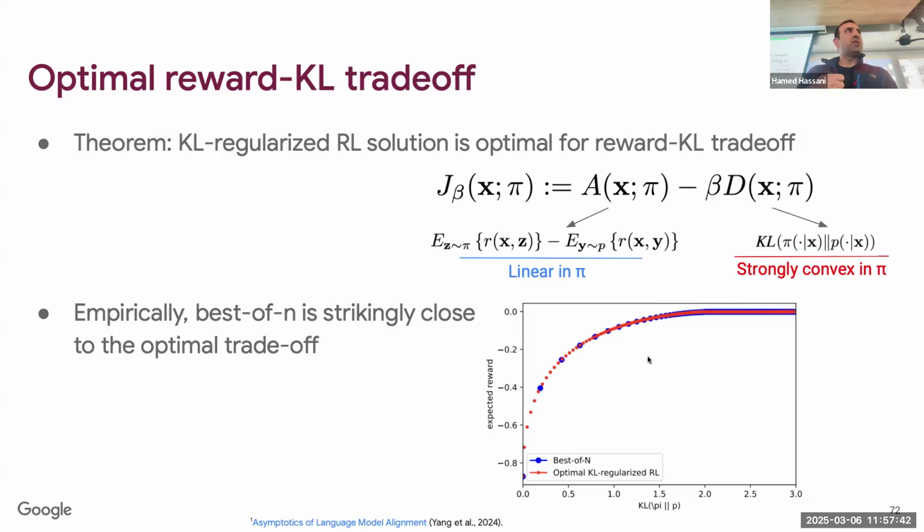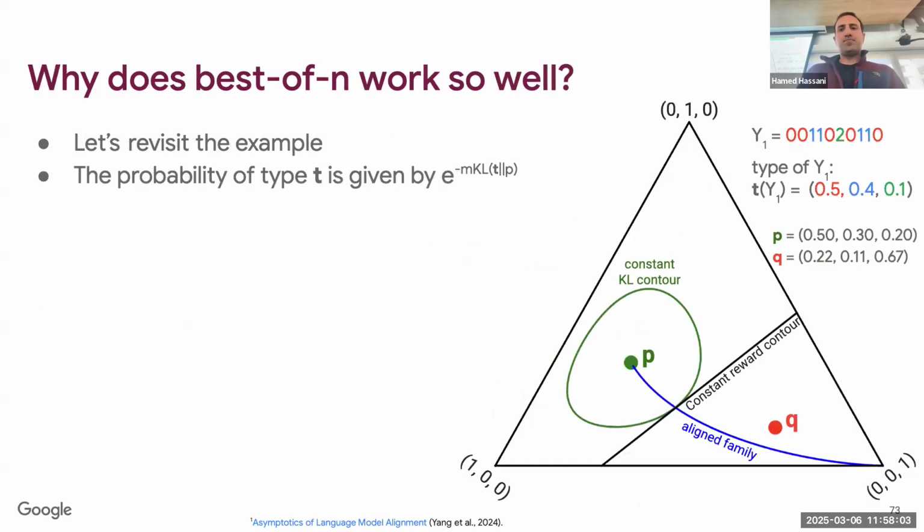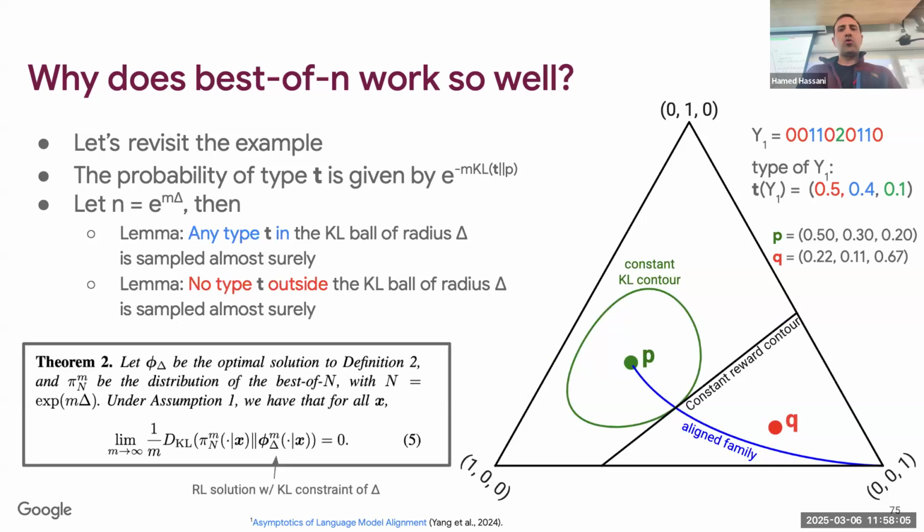The reason we see this striking difference in practice is that we don't solve this KL-regularized RL optimally, and we end up with a very dull trade-off, while the trade-offs we get from best-of-n dominate what we get from the KL-regularized approach. So the question is, why is that the case?